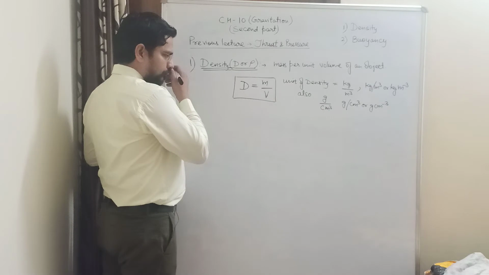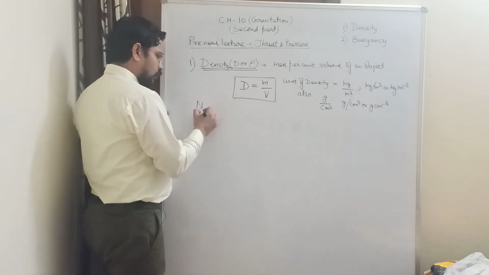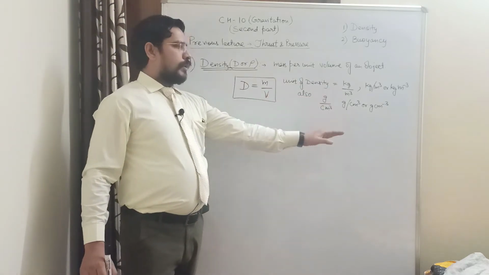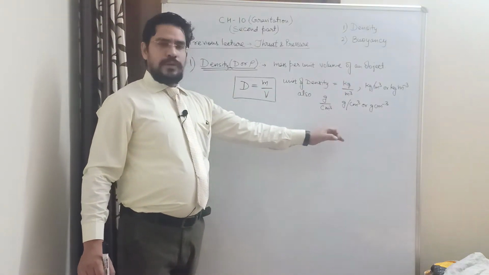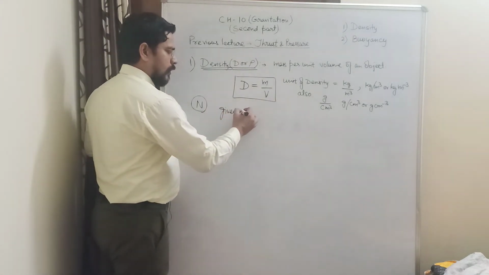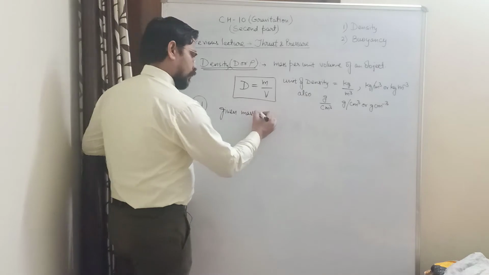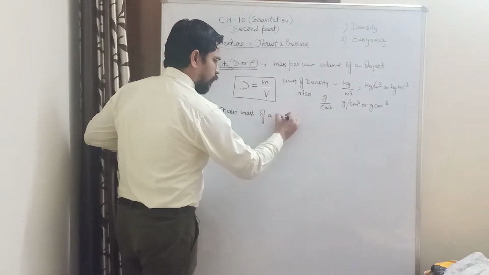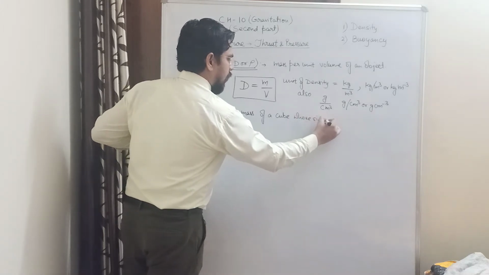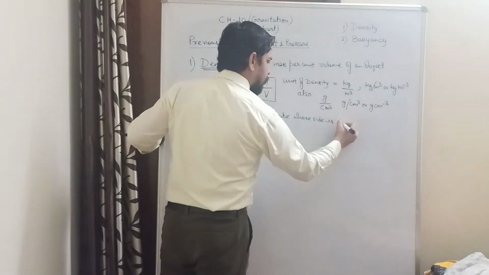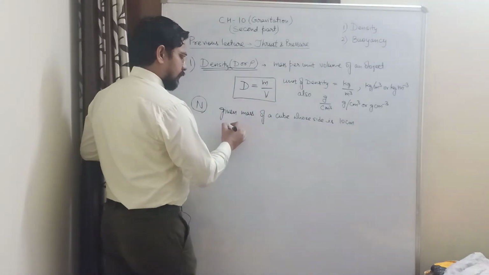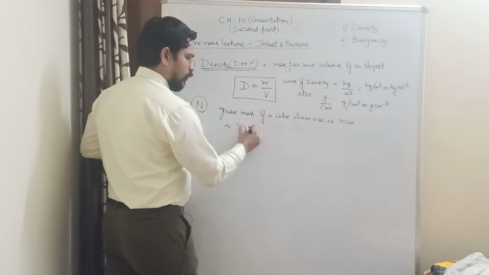First, let me discuss a numerical in which we will calculate the density and also convert from one unit to another. Given: the mass of a cube whose side is 10 centimeter is 5 kilogram.